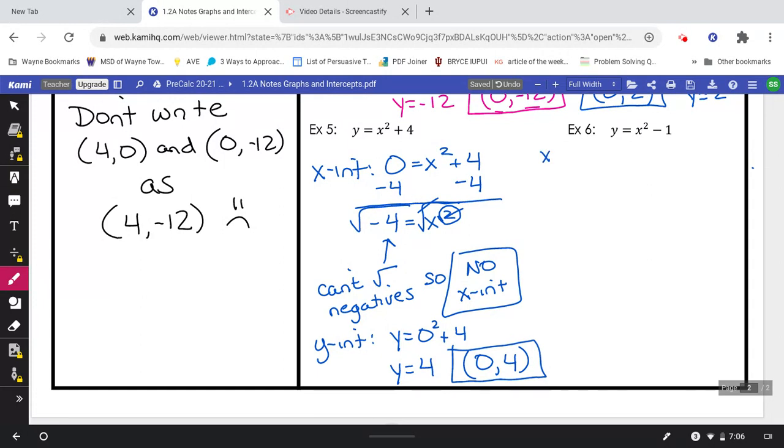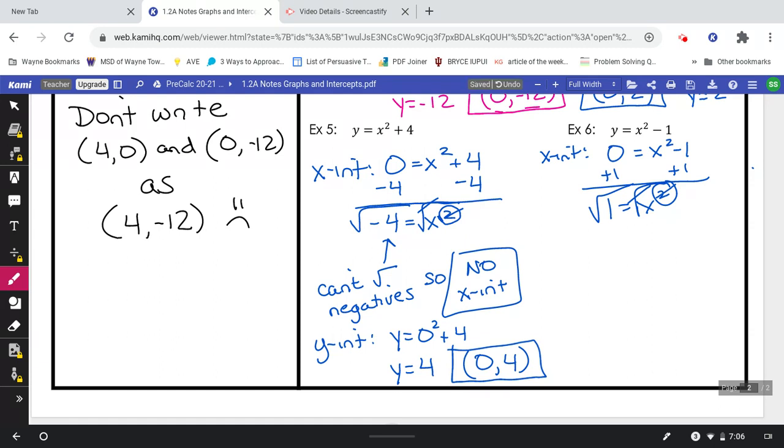Example number 6. Similar setup here with a square. See how far you can get on this problem. Add 1. And then same situation, we have the square there, so we need to square root both sides. Square root and square cancel.